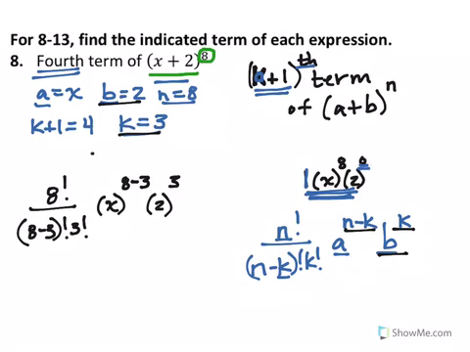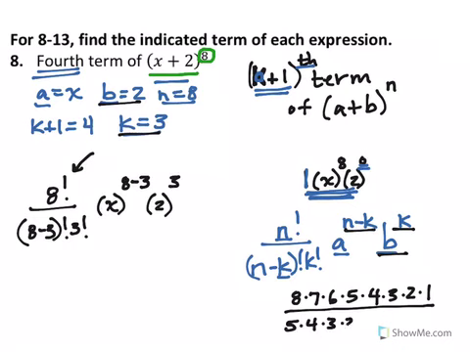I could either plug this into my calculator or do it by hand. By hand, 8 factorial is 8 times 7 times 6 times 5 times 4 times 3 times 2 times 1, all divided by (8 minus 3) factorial, which is 5 factorial, which is 5 times 4 times 3 times 2 times 1, and then another 3 factorial, which is 3 times 2 times 1.